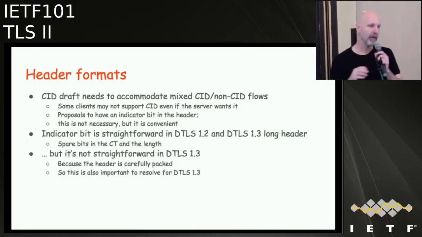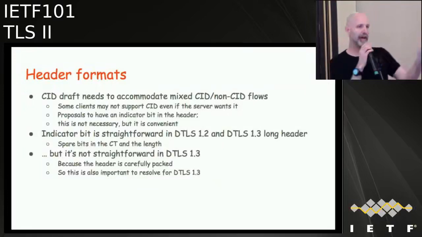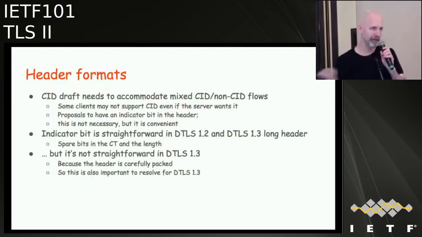So a client or a server, most likely a server, may find itself with clients that both support and do not support the connection ID extension. Now they get packets and they have to determine whether there is a connection ID in them in order to route them down the right pipe. That is, whether to do 4-tuple routing or CID-based routing.